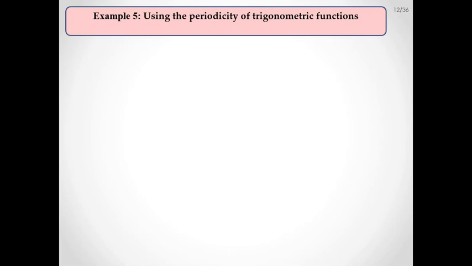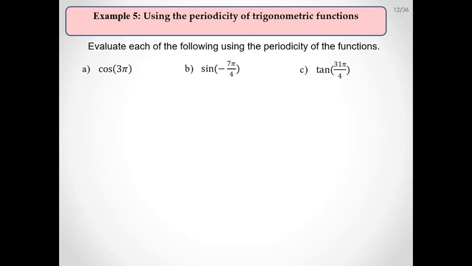Okay, let's solve this example. We will evaluate these terms by using the periodicity of the functions. Now the first thing about cosine: if you want to use the periodicity of the function, you have to know the period of cosine.